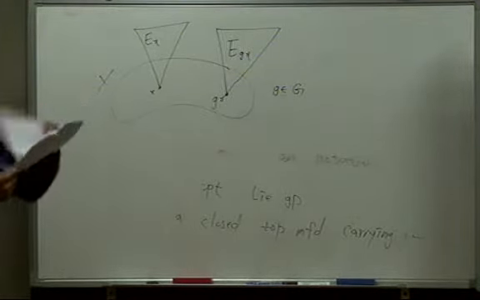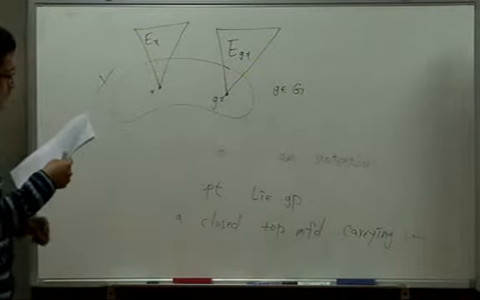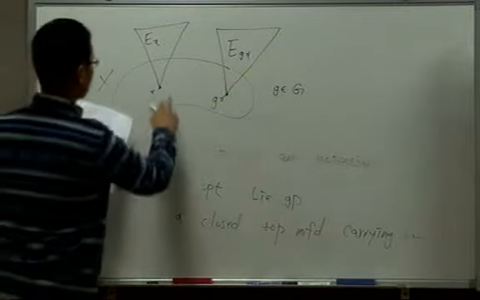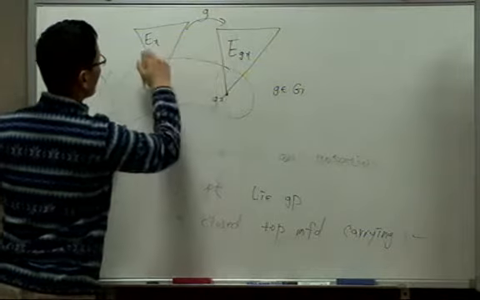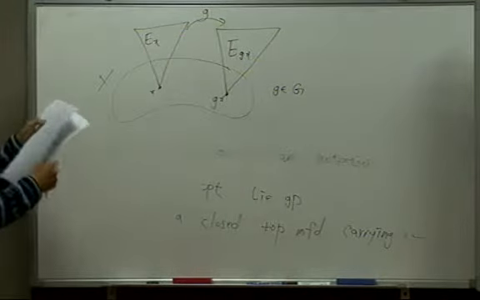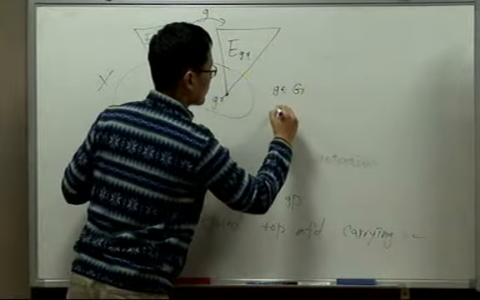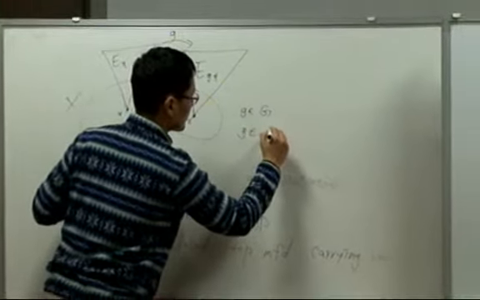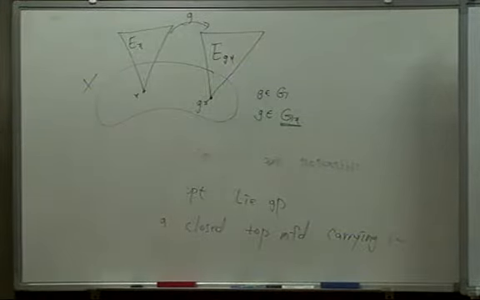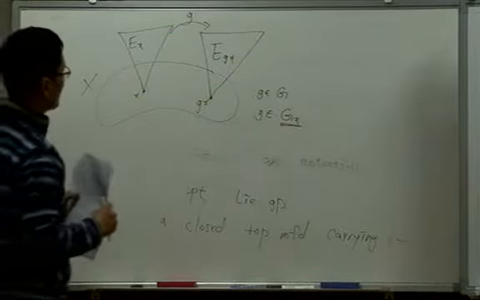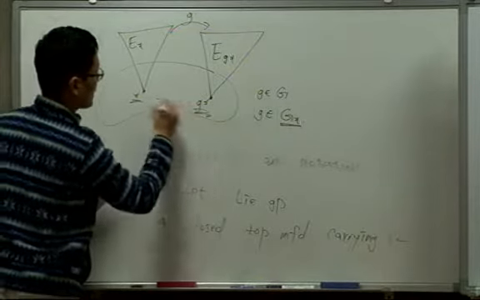But since we deal with group action, we give different meaning to this notation. A group element g moves E_x to E_gx. But if g is also contained in G_x, the isotropy subgroup, then this point and this point are the same.